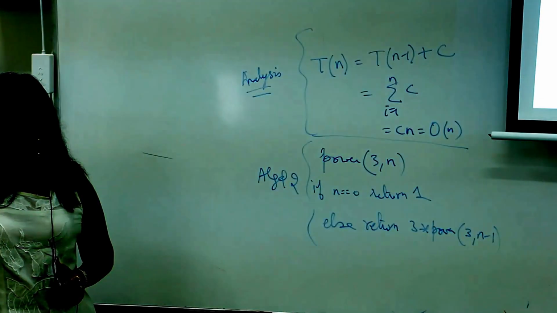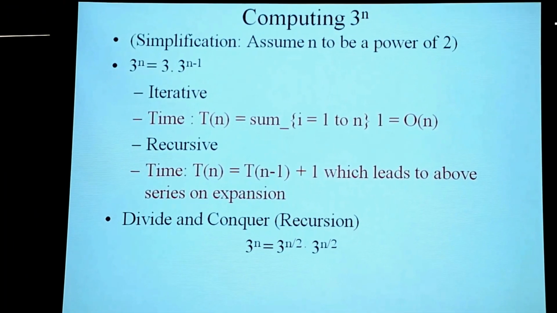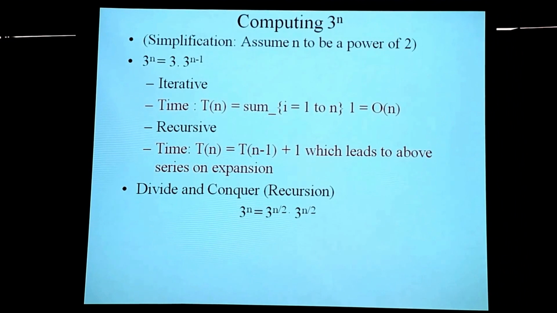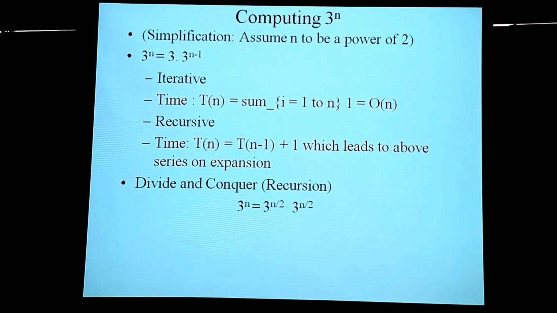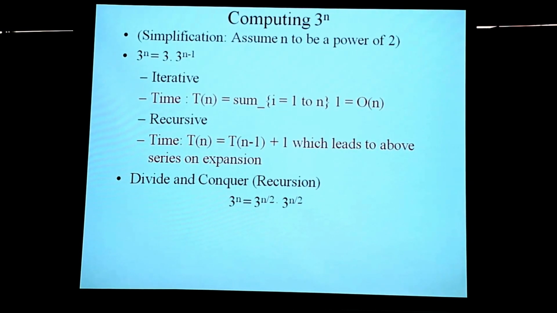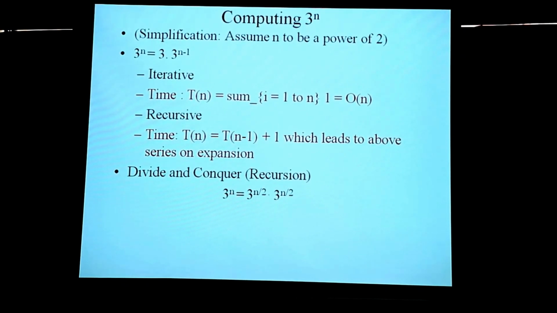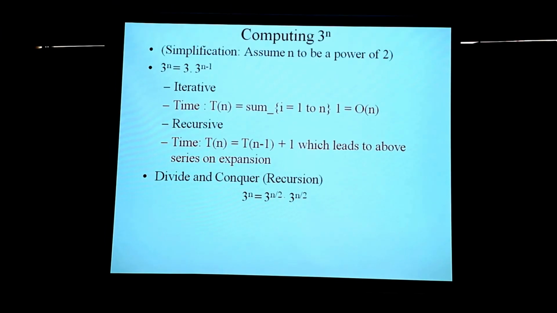Okay, so next we look at divide and conquer. We can compute 3 raised to the power n by computing 3 raised to the power n by 2 and multiplying it with another 3 raised to the power n by 2. Is the first one also divide and conquer, because we have split the problem into smaller ones?